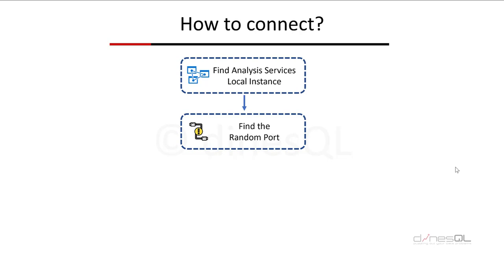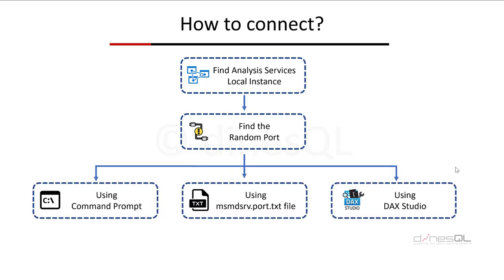There are multiple ways of finding this port number. Generally, you can use one of these methods. For example, you can use the command prompt. If you use a command prompt for finding the port, you have to use a command called netstat. But in order to find the port using netstat, you need to pass the process ID, the process ID related to your local analysis services instance that has been created for Power BI desktop.